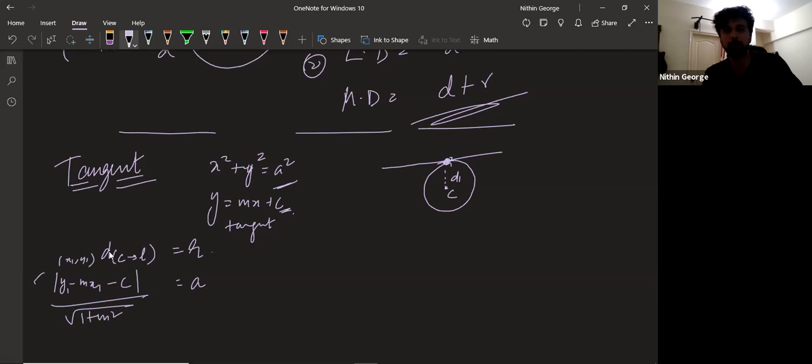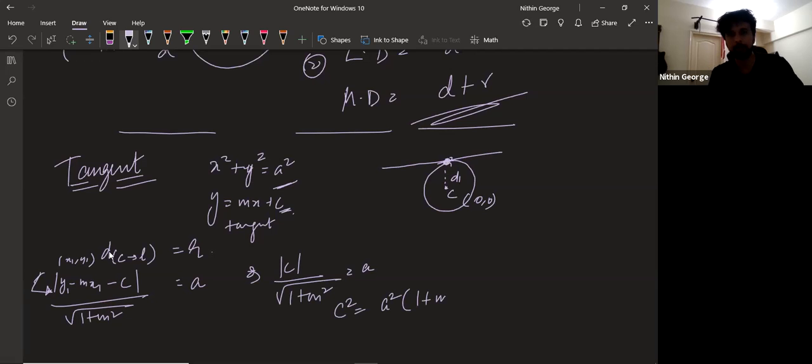Distance from point to line is what I wrote on the LHS. So the point here in contention is 0, comma 0. So this becomes mod c by root 1 plus m square equal to a. In other words, I can write c square equal to a square into 1 plus m square.